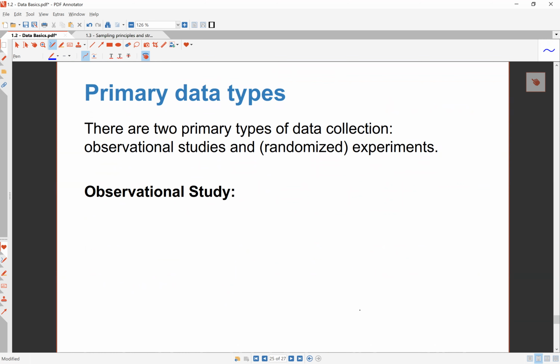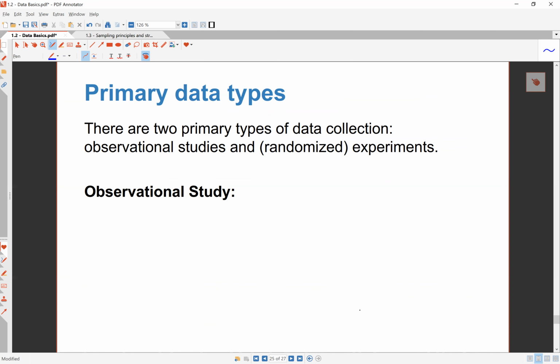We've talked a lot about data collection now and identifying relationships, but we also have to ask ourselves what the study looks like in a larger context. There are two types of studies that we will see in this class: observational studies and randomized experiments.